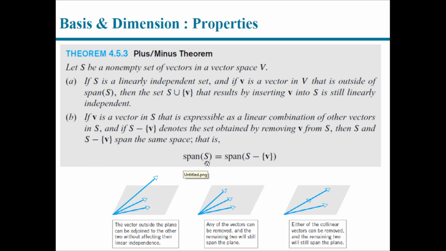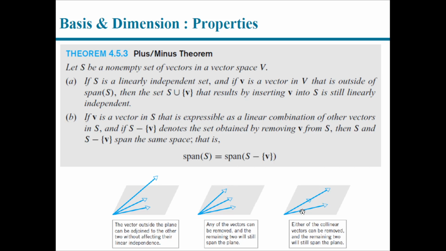Span of S, and span of S when I kick out the linearly dependent vector, well, that's the same linear space. We know that, we already saw it in one of the examples before. We had 3 vectors, one of them was a linear combination of the other 2, so when we kicked out that vector, we got the same linear space still. So that's what it says, nothing special.